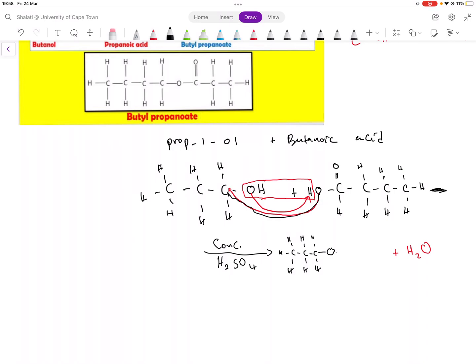Then from the oxygen to the other carbon from the carboxylic acid, which is bonded to a double bond oxygen, right? Okay, I made a mistake. This is an extra bond, so it's supposed to look like that. Apologies for that. And then we have 4 carbons, 1 2 3 4.